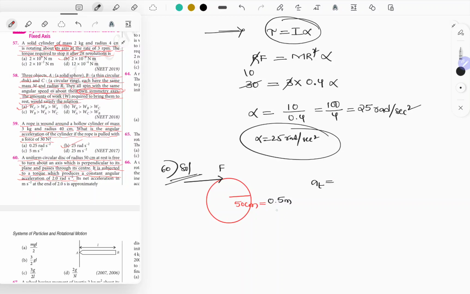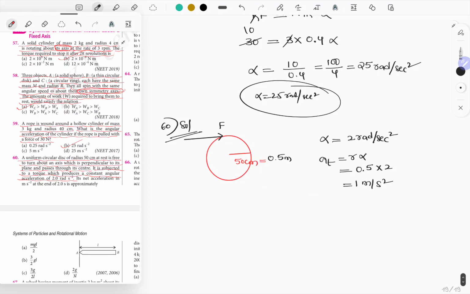Tangential acceleration is the acceleration produced because of this torque. This is angular acceleration, right? So angular acceleration, alpha, is equal to 2 radian per second square. Let me convert this into linear acceleration, that is at is equal to r alpha. R value is 0.5 into 2. So the answer we are going to get is 1 meter per second square.